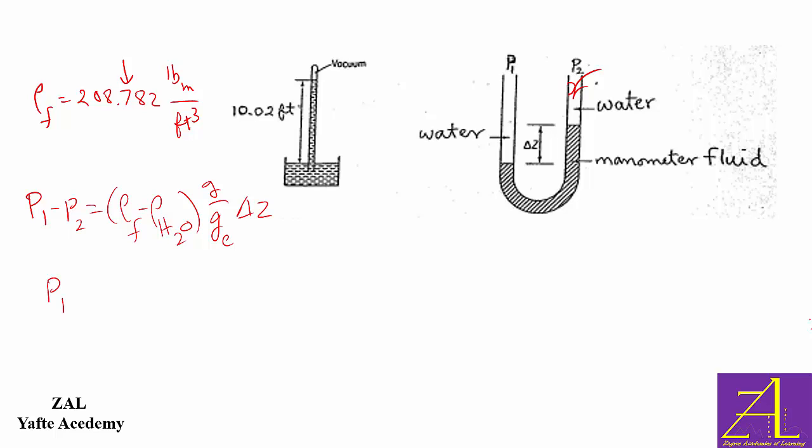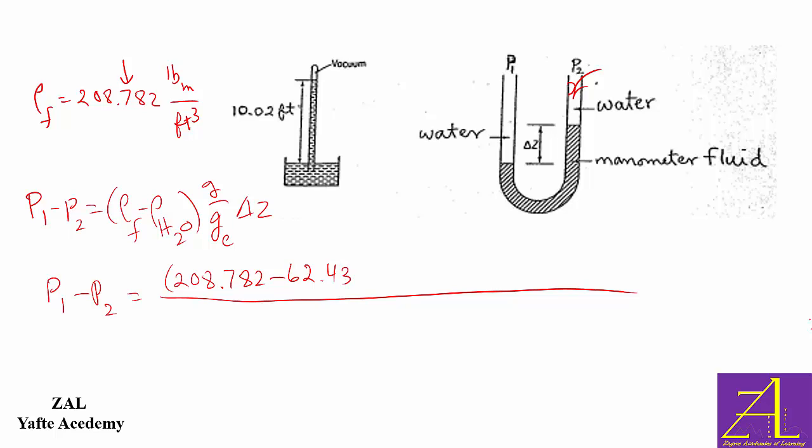So P1 minus P2 would be equal to 208.782 minus rho of water is 62.43. Both of these are pound mass per foot cube. G over GC, 1 pound force per pound mass. And delta Z is given as 20 inches. So here is 20 inches.